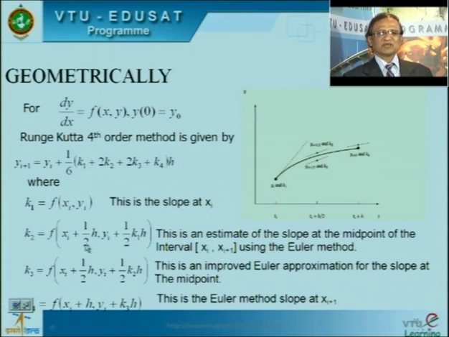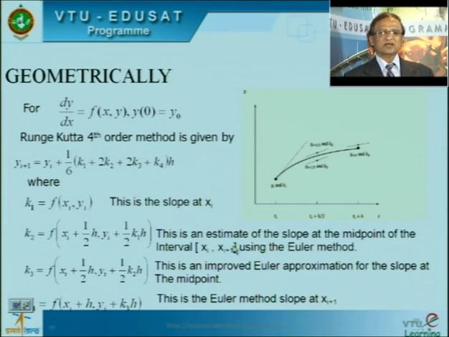Similarly, I said that you want to calculate k2. What is the geometrical meaning of k2? This is an estimate of the slope at the midpoint of the interval x_i to x_{i+1} using Euler's method, which we have just discussed.